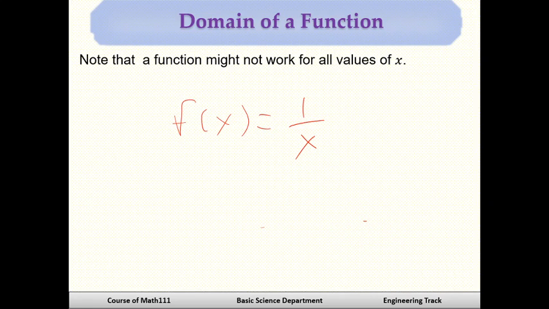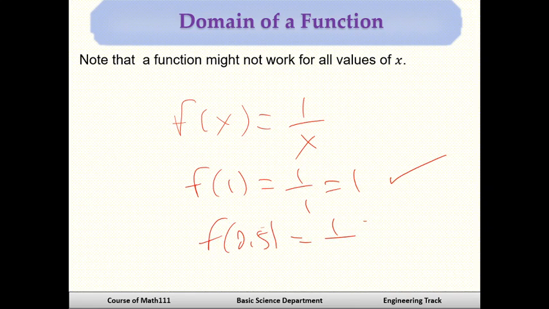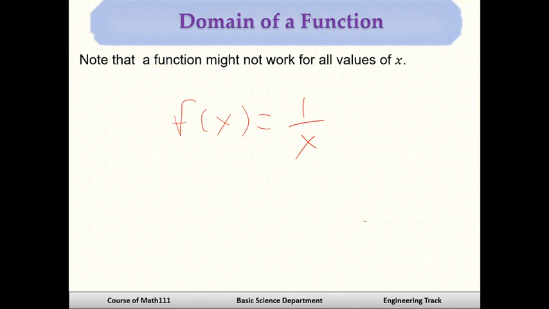This formula will work for some x values. For most of the values, it will give a good number, meaning a real number. Like for example, 0.5 here, it will be 2, so it's a good number. And if you put f of minus square root 2, you get minus square root 2, right?